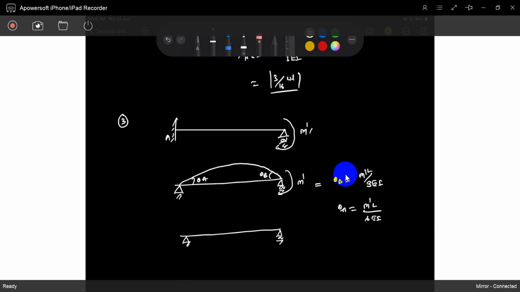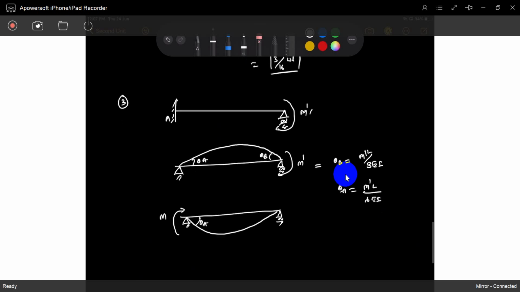So which side is the moment arising? The moment arising at the fixed point is to nullify the slope. So compulsorily the moment will arise in this direction. This theta a is due to some moment we don't know.